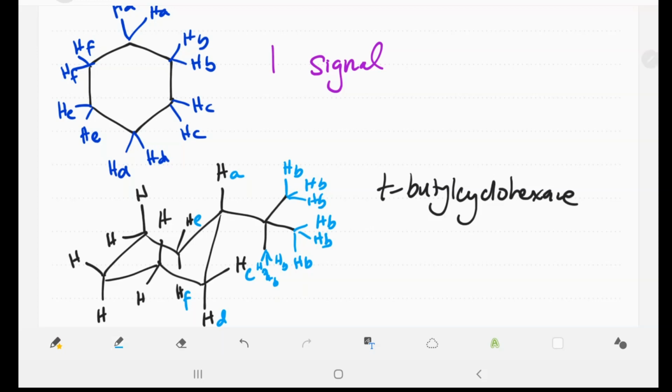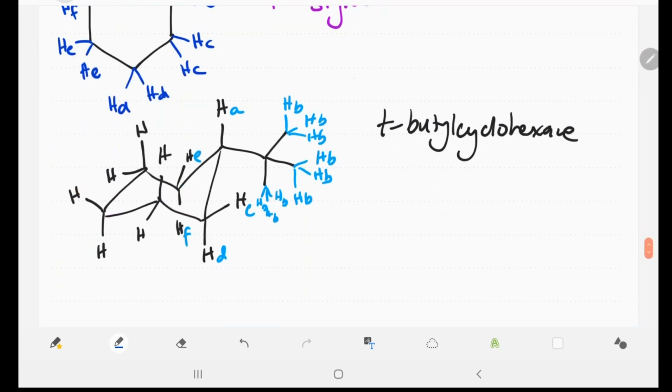Or you may see something like these axial ones all being the same, and these equatorial ones all being the same. Just farther out from the T-butyl, they don't see the T-butyl, so they just see other hydrogens. So they would probably be equivalent to each other, but that's what we're looking at here.